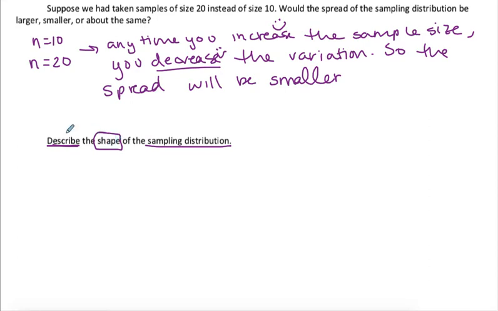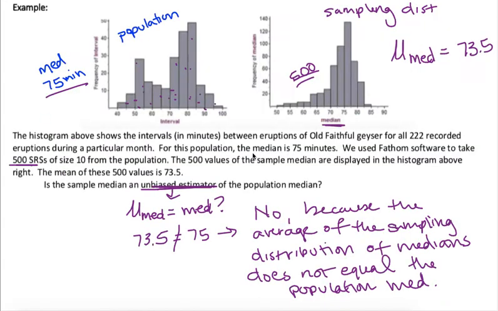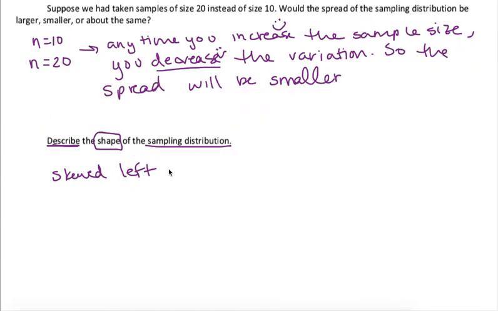They've specified the shape. So we would say this is skewed left. Let me double check that. Yep, I think that looks like a skewed left distribution. There were more medians on the upper end than there were on the smaller end there.